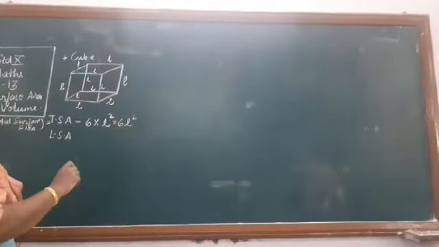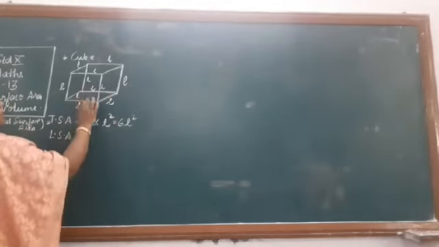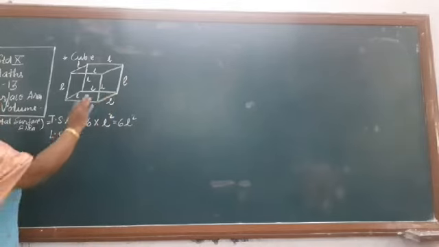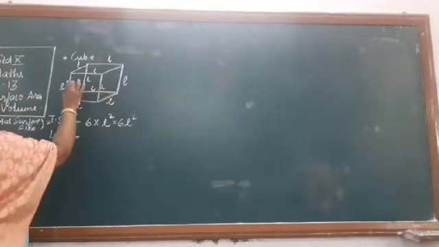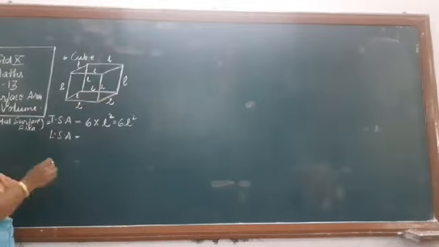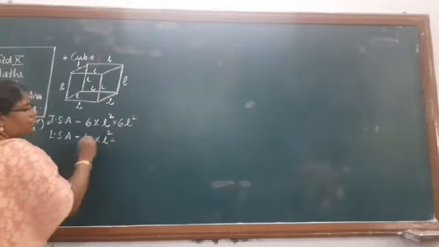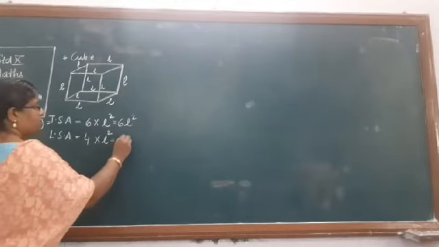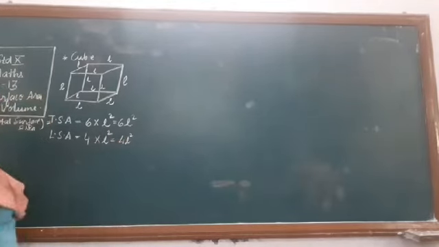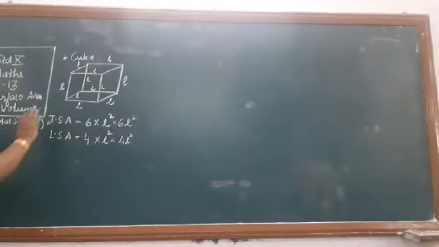So lateral surface area means we removed top and bottom, so how many faces are left? 1, 2, 3 and the front face, that is 4. So 4 faces, and each face have the area L square, that is becoming 4L square. Clear? So this is regarding the total surface area, lateral surface area of a cube.